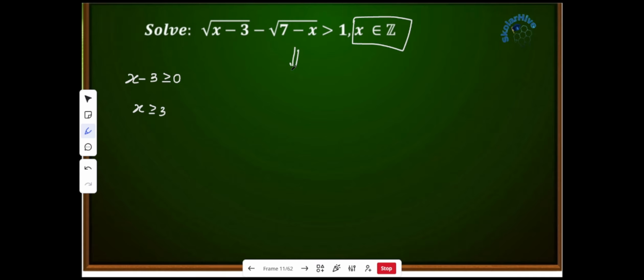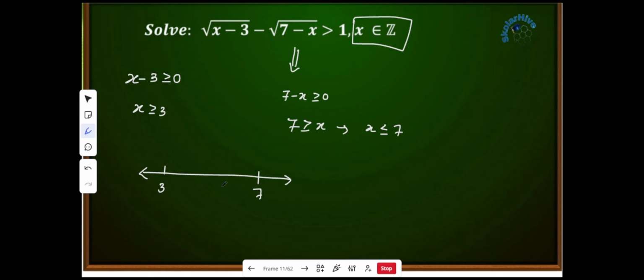Now for the domain of the expression 7 minus x, you can find that 7 minus x should be greater than or equal to 0, and you will get that x is less than or equal to 7.